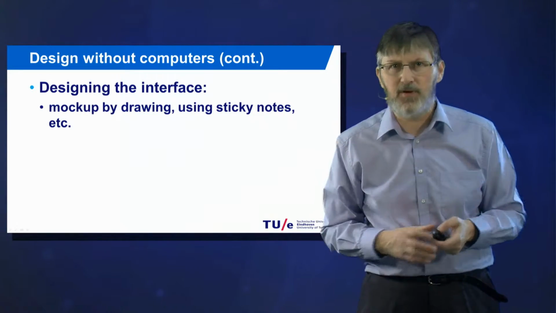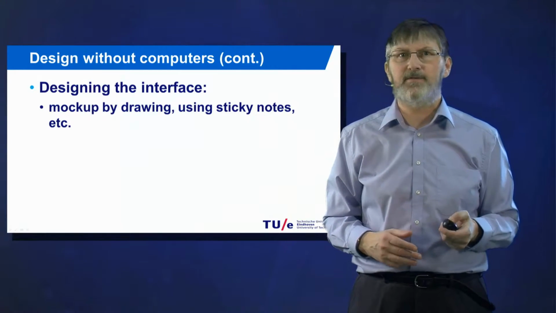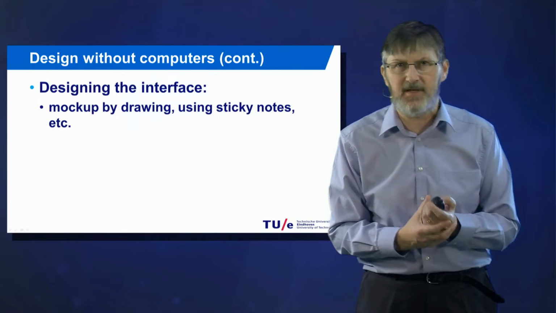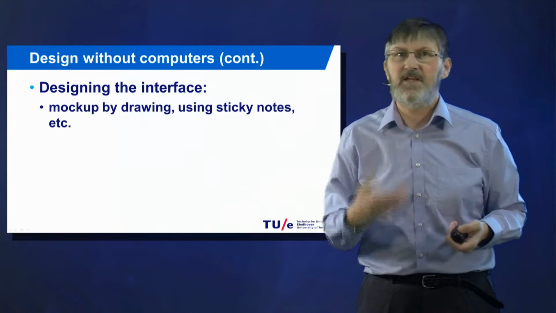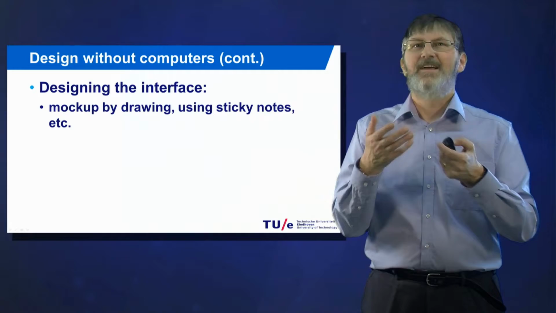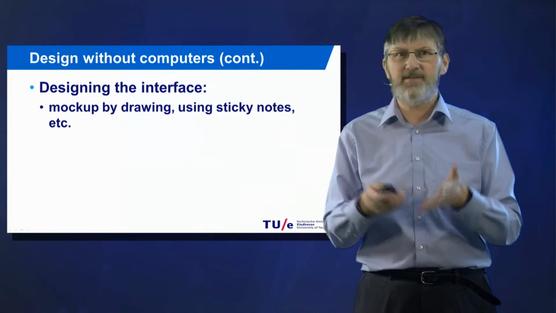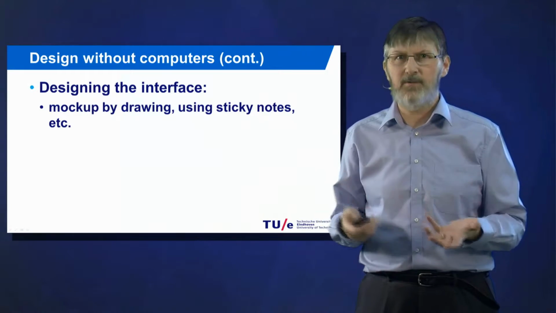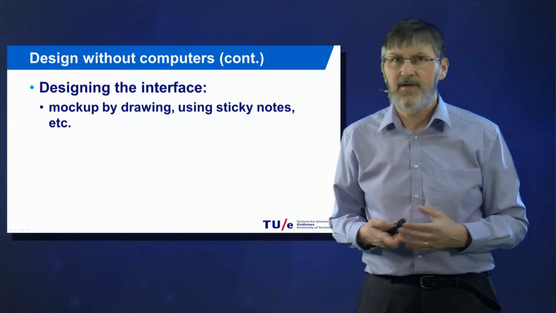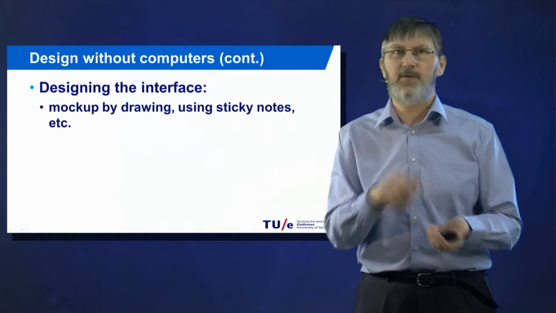A well-known mock-up also was when the designers of the Palm Pilot, the first personal digital assistant, say the iPhone without phone functionality, were designing that. They first had to get an idea like, what is it like to walk around with such a device and to write your appointments into that device and write notes?